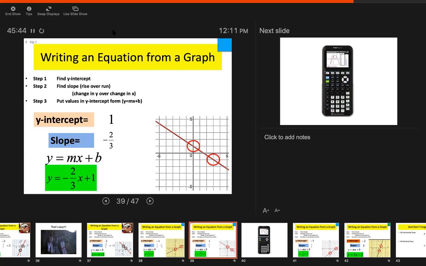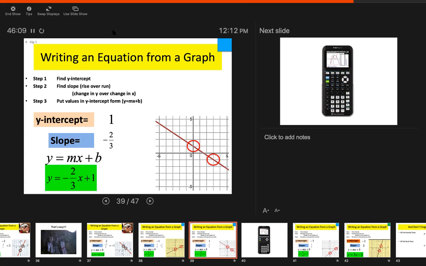The X button, because you use it so often, is right here. It says X, T, theta, because those are the variables you use the most. Press that once and you get a magical X. Now put +1. Now hit your graph button, upper right. And now the line magically appears.